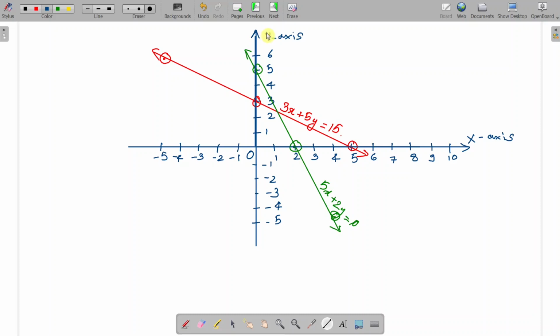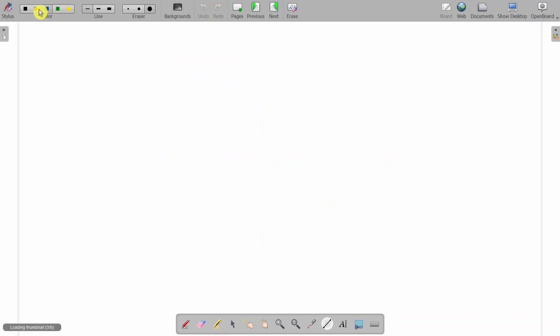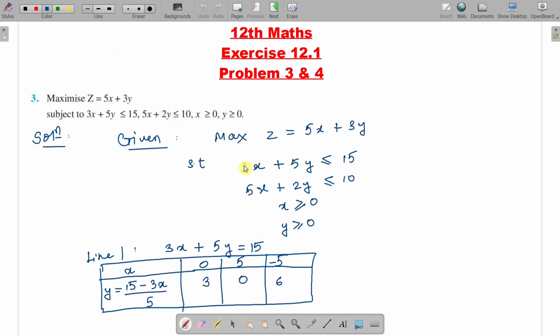Okay, now what we have to do is find the solution region for each inequality. So that is, we have to put 0, 0 in the first inequality, that is 3x plus 5y less than or equal to 15.